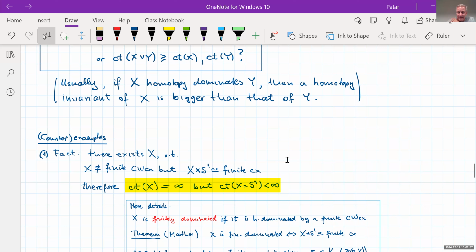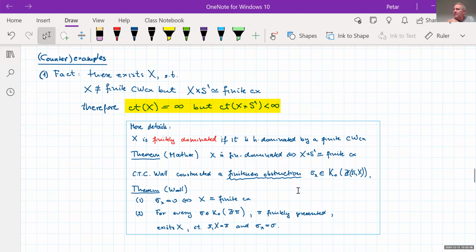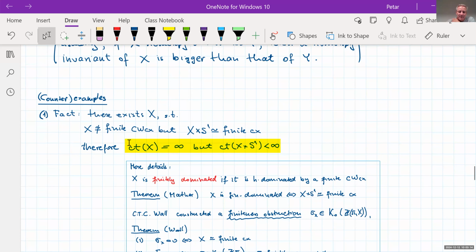The obstruction is an element in the K group of the group ring and things like that. I have some details here, but maybe we should rather go to other things. So this just means that you have a space whose covering type is infinite, but when you multiply it with a circle, it becomes finite. So it drops dramatically.